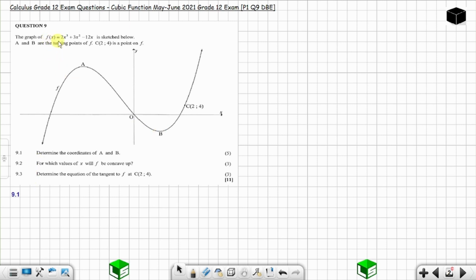You have f of x is equal to this. Now the first derivative is equal to, you take the exponent times the coefficient. 3 times 2 is 6. X to the power of 3, you subtract 1 from the exponent. You have 3 minus 1, which is 2.